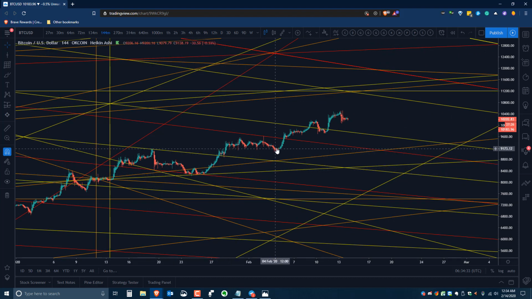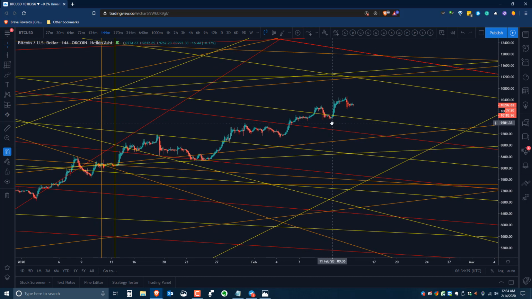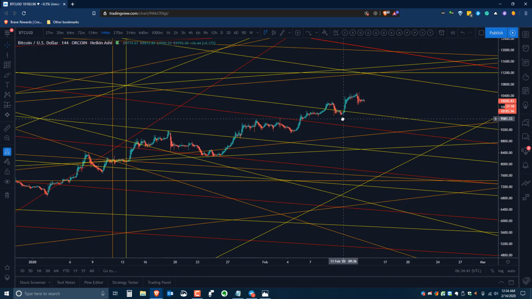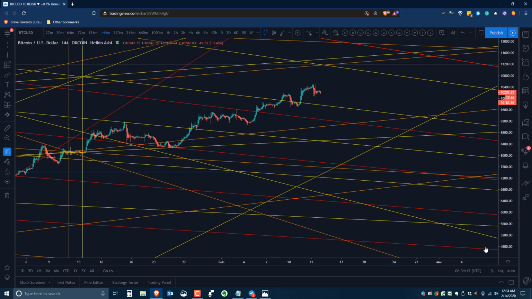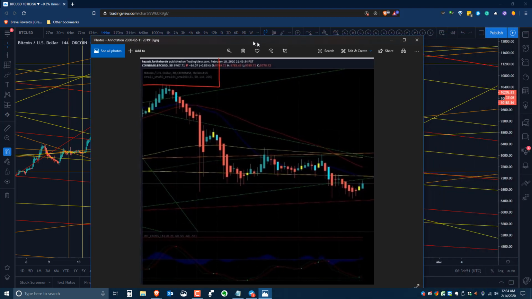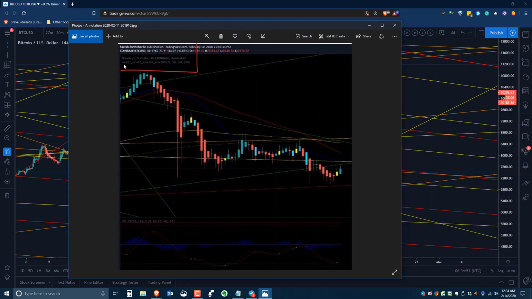So you're like, great, now I know things are going to be touching certain lines as it's going along, but are there any other things that can help me with this? So I'm going to pull this up right here. This is what Kessler uses also on his. I'm going to show you the indicators he uses, but he also uses a moving average band.